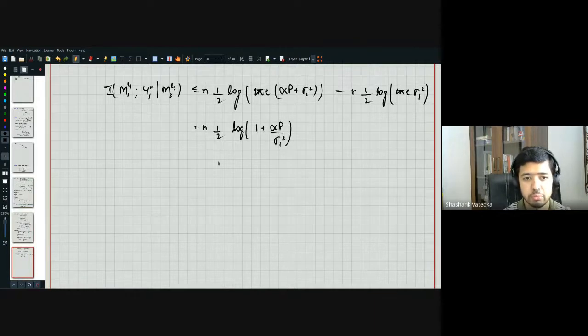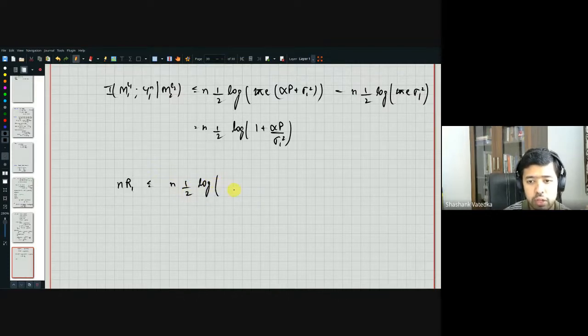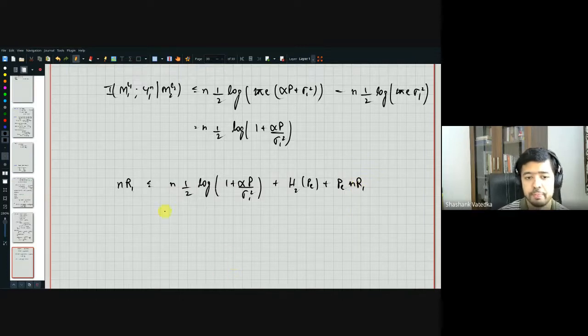Now we have upper bounds on both of these mutual informations. So n times R1 is less than or equal to this mutual information, which is n times half log 1 plus alpha P by sigma 1 square, plus an upper bound on that conditional differential entropy, which is h of P_E plus P_E times nR1, right?